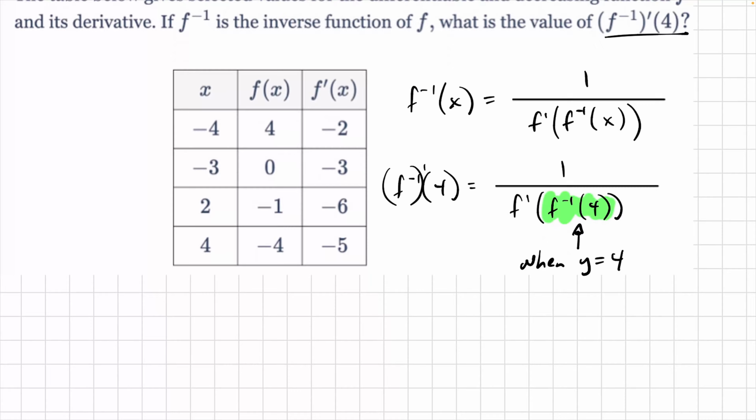This is the y's, this is the y primes. When y is 4, what is x? -2, sorry, I looked at the wrong list.